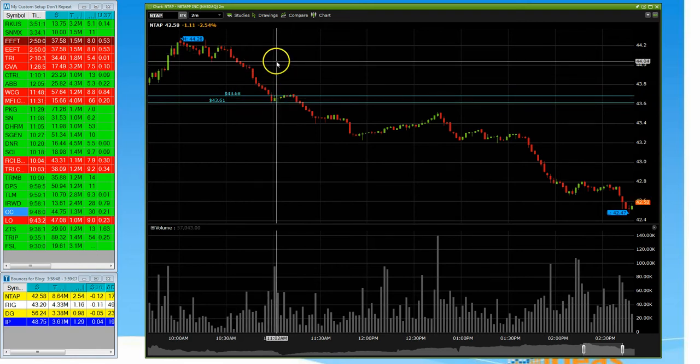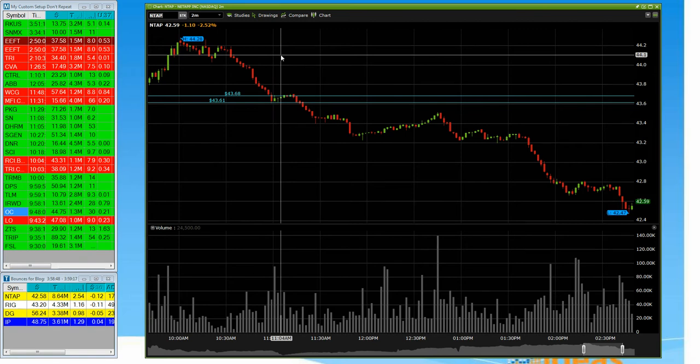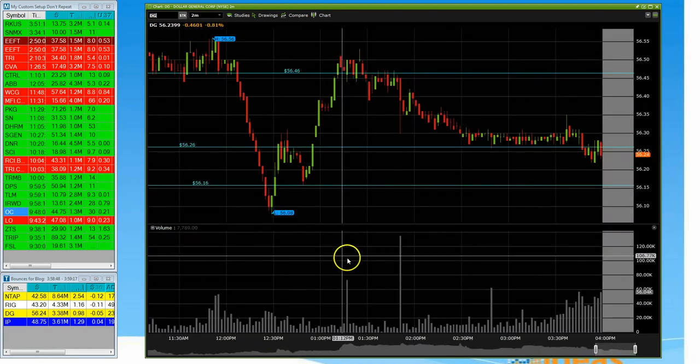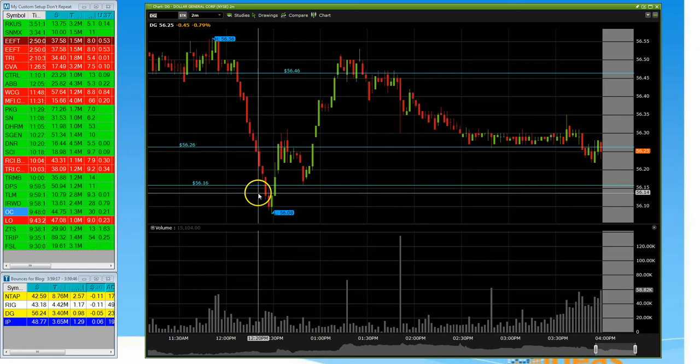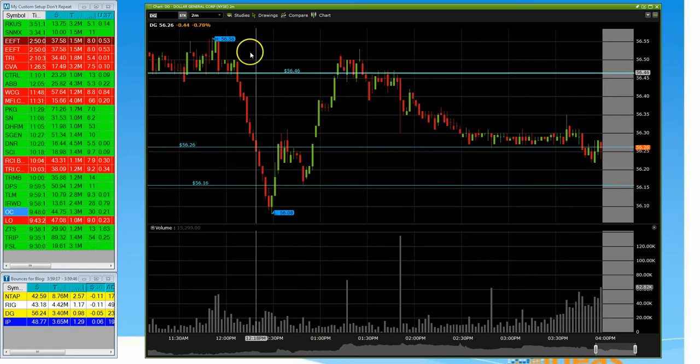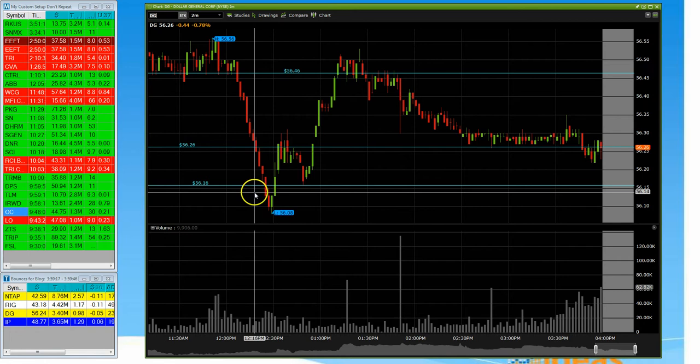So I wasn't really looking for that much as a bounce on this one. Again, I was sort of in what I call my scalp mode for the day because of the market. But then when I saw Dollar General and I could see this nice steep decline, and I was alerted to it in this area right around here. So when I saw this, I thought, okay, well, this one's looking a lot better.